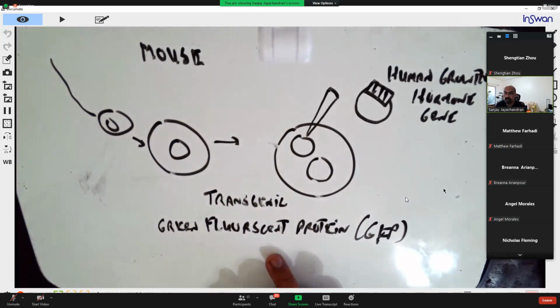This comes from a jellyfish. If I shine ultraviolet light, it glows green. It's a good way of tracking other proteins because I can tag any gene I want with this gene, and I can shine a light once the protein is made, and I can follow my protein in the cell. But I can also put it into mice, just like I did with the human growth hormone gene.